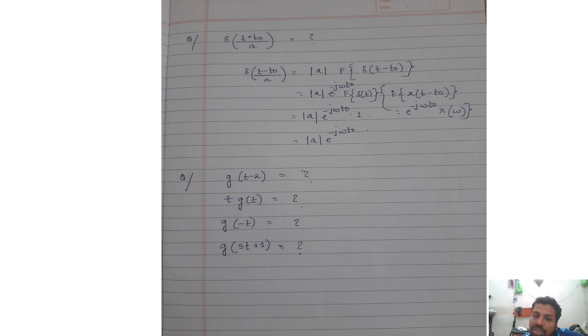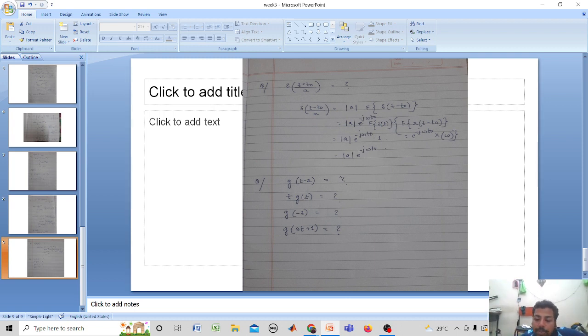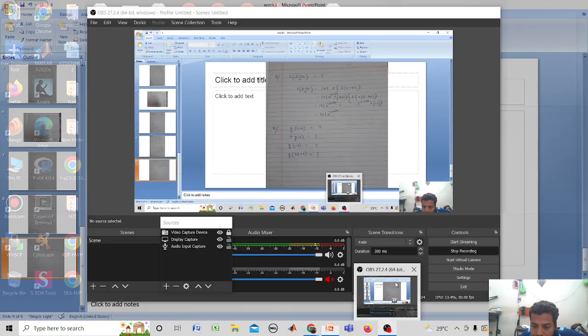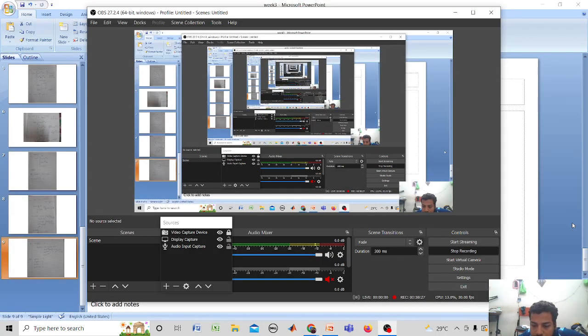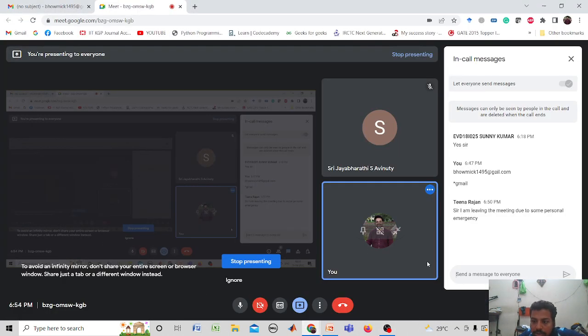So for this function, the Fourier transform is equal to modulus of a into e to the power of minus j omega t naught. So these are some of the problems that we have discussed.